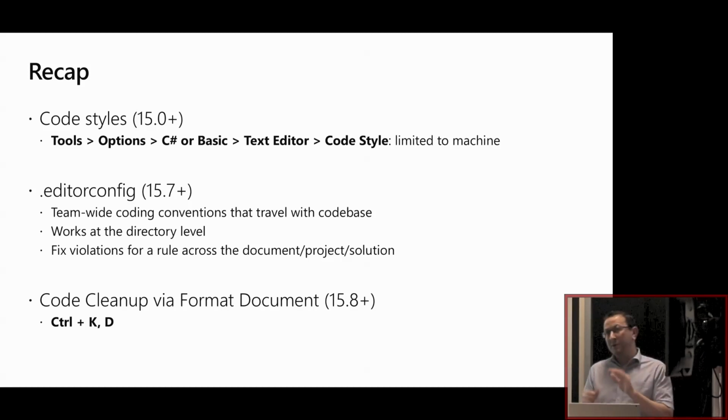We added it for the editor for some settings in 15.6, but Roslyn implemented their support in 15.7. It works across the directory level. And we also added this new code cleanup via format document in 15.8, which automatically applies your code styles across the document. Is it KD or ED?